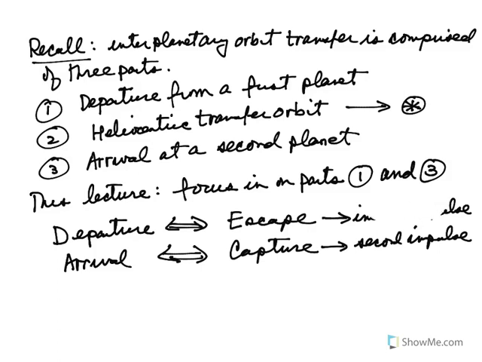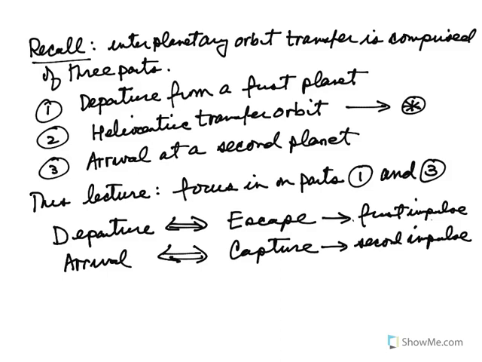So perhaps instead of calling this an initial impulse, we'll call it a first impulse. That first impulse gets us out of the gravitational field of the first planet and puts us onto a heliocentric trajectory. The arrival, once we get to the second planet, is we apply a second impulse, and that second impulse captures us or puts us into an orbit about the second planet.